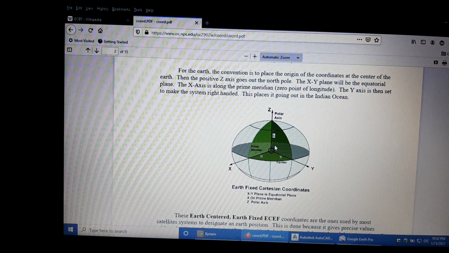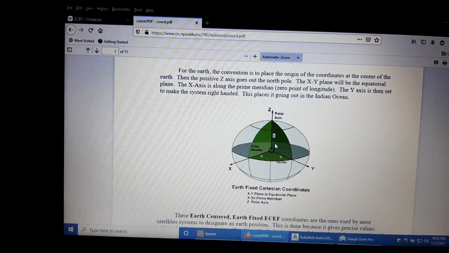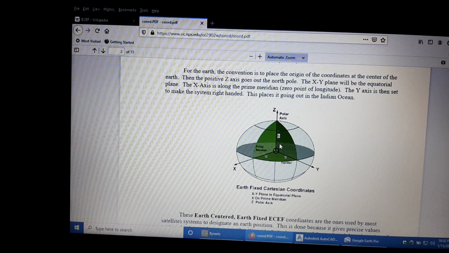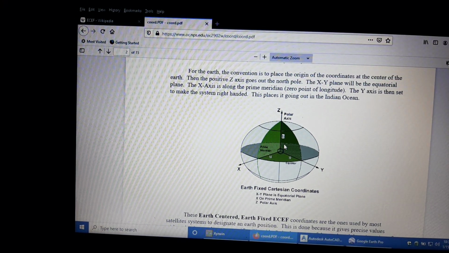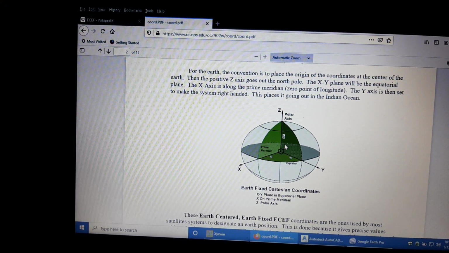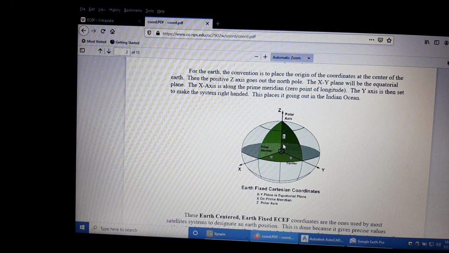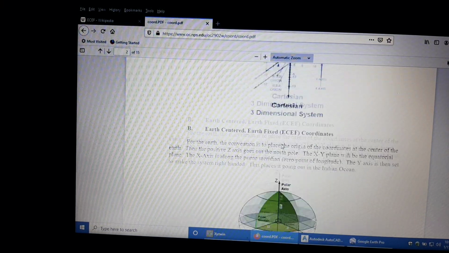Alright. So, the way I do it is through good old Earth-centered, Earth-fixed coordinates. The satellites use this.